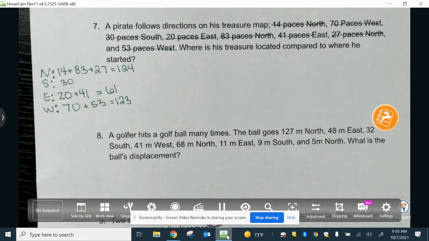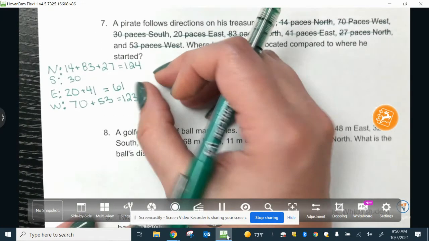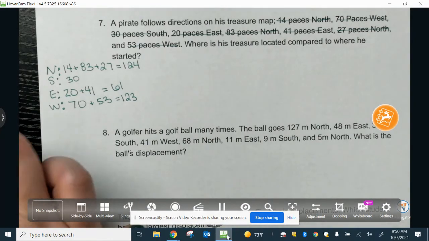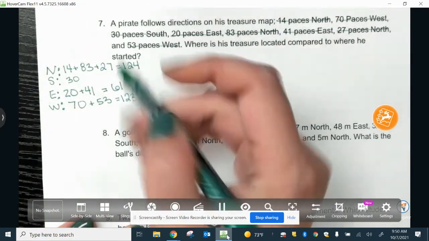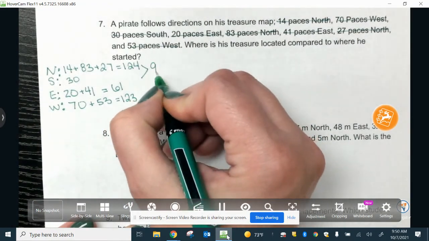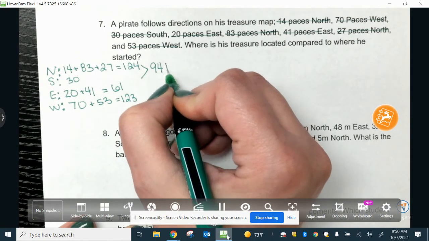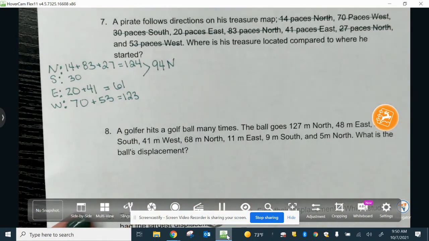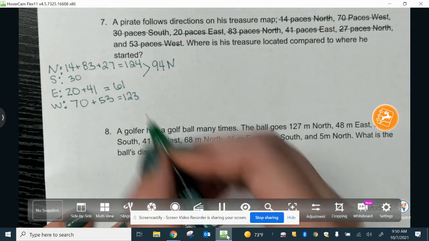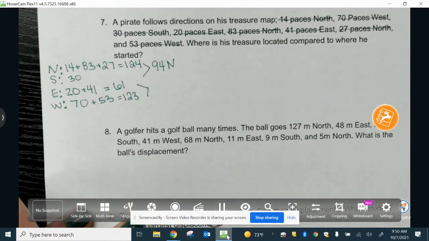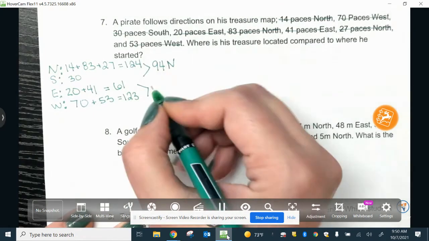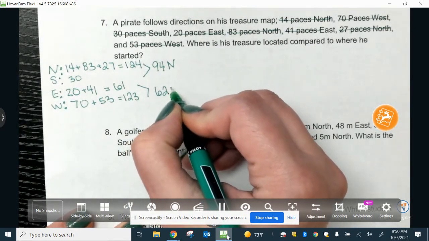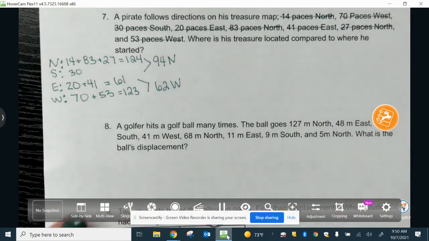Now, north and south are opposite vectors. What do I do with opposite vectors? Subtract them. So 124 minus 30 gives me 94 in the north direction because my north is a bigger number. 123 minus 61, 62 west.